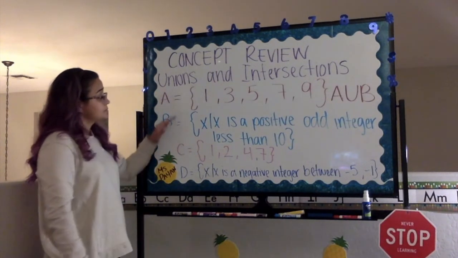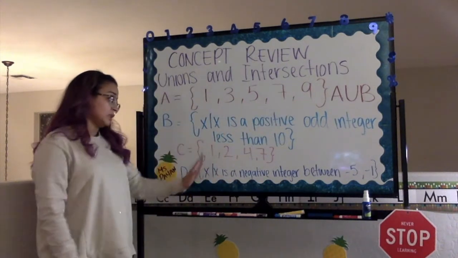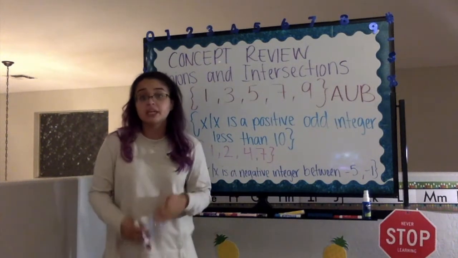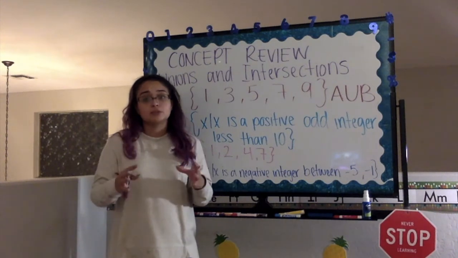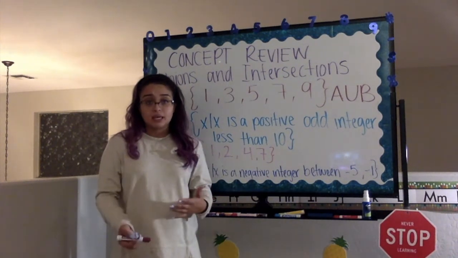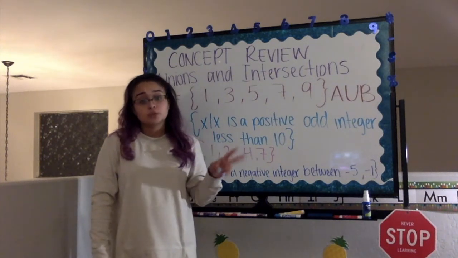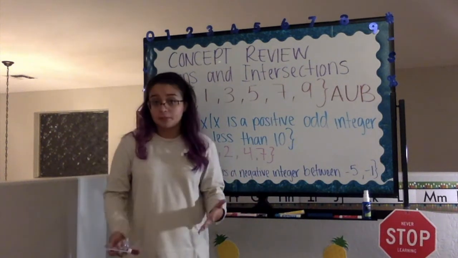We have 1, 3, 5, 7, 9. And we have 1, 2, 4, 7. Now for it to be a union, both sets have to be the same. For it to be an intersection, it has to have 2 or more numbers in common.